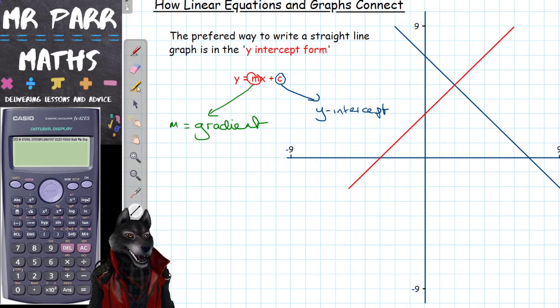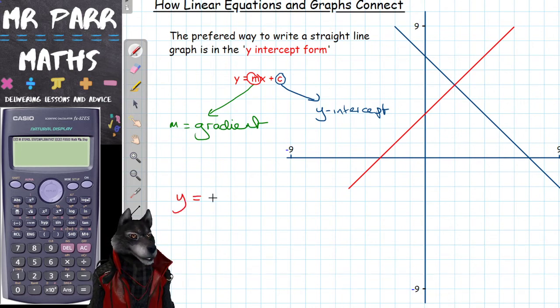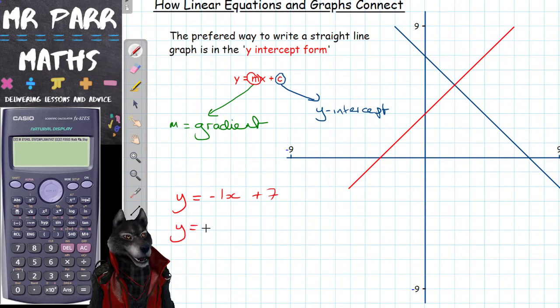Now, one of these graphs is y equals negative 1x plus 7, and the other one of these is y equals positive 1x plus 3.